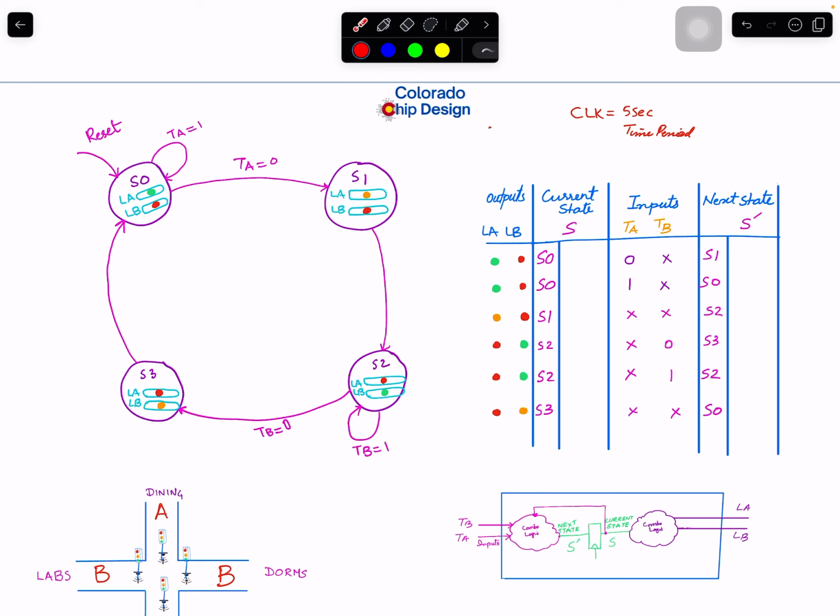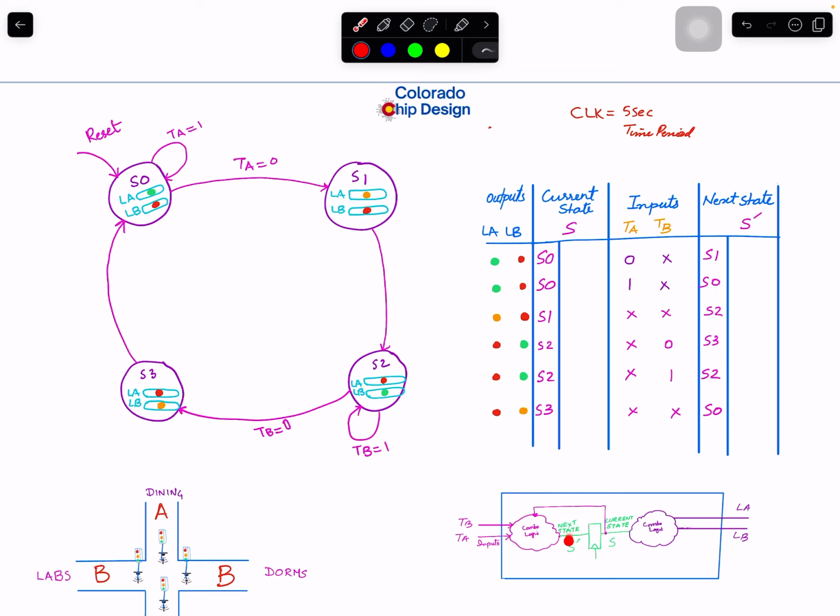Understood? If this thing is S0, and TA is 0, what binary value are we bringing here?